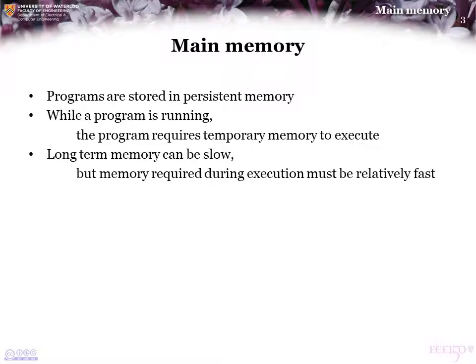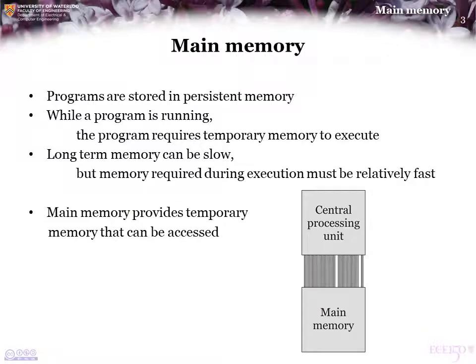Long-term memory such as hard drives can be very slow, but memory that is being accessed during execution has to be relatively fast. Remember that most computers today are executing at around 4 gigahertz. Main memory provides that temporary memory that can be accessed.